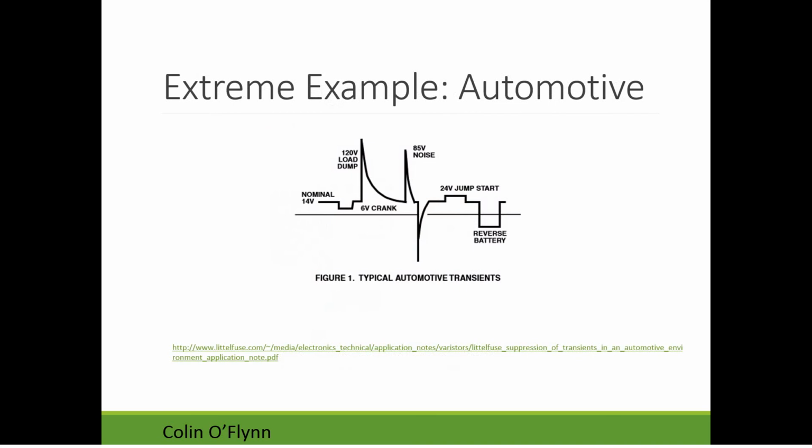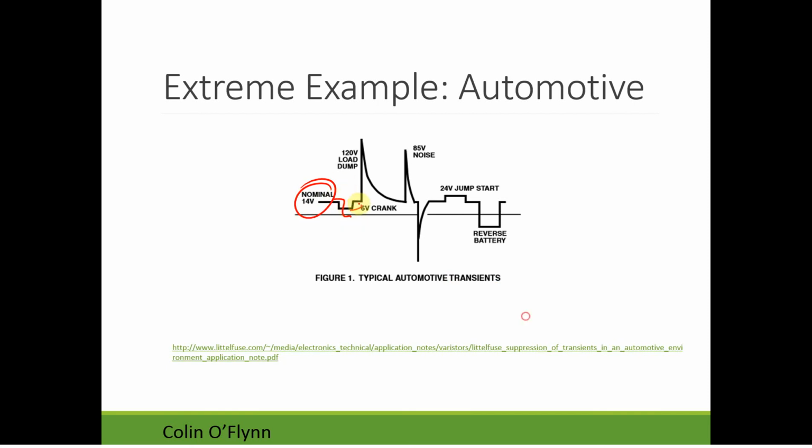A fairly extreme example, not of ESD, but of just variations of voltage, is the automotive environment. This is from an app note showing the most extreme things you might see in an automotive environment. They're saying there's normally a voltage of around 14 volts with it running, which can drop way down when you start the car.